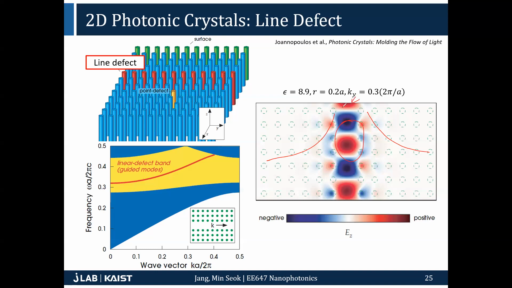You can see here, there's nothing. There's supposed to be dots here, but there's nothing. So this is a defect, and this mode is propagating along this direction. Or in this plot, it's along that direction. So we can create a waveguide using the point defect, line defect in the photonic crystal.